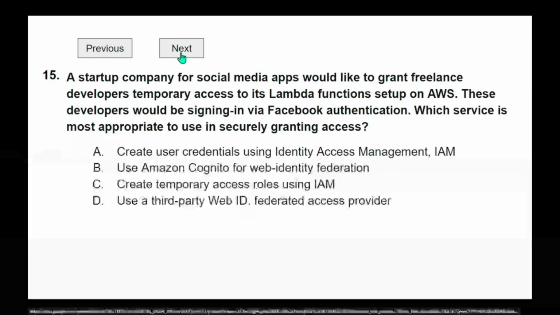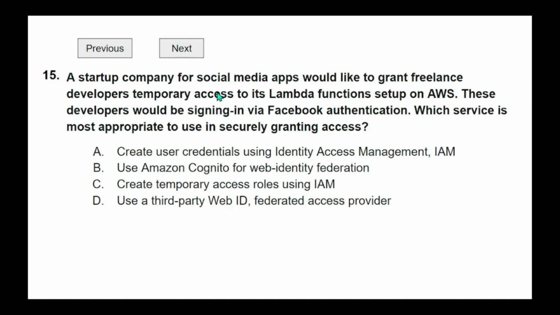Question 15. A startup company for social media apps would like to grant freelance developers temporary access to its Lambda functions set up on AWS. These developers will be signing in via Facebook authentication. Which service is most appropriate in securely granting access? Option A, create user credentials using IAM.